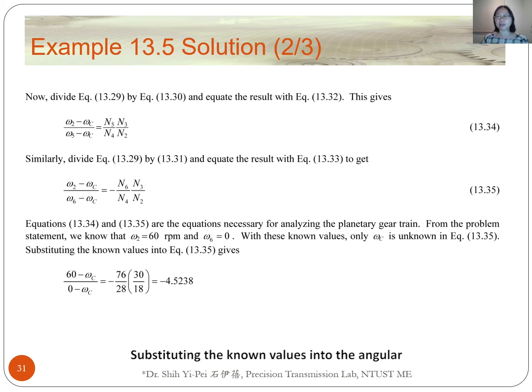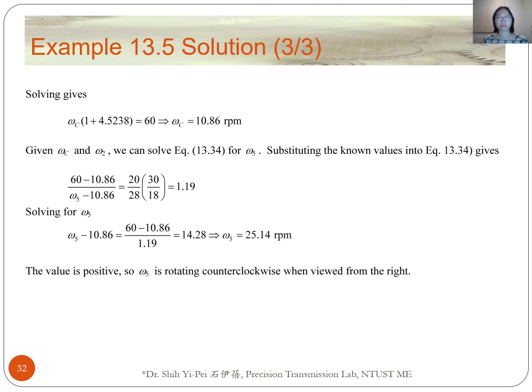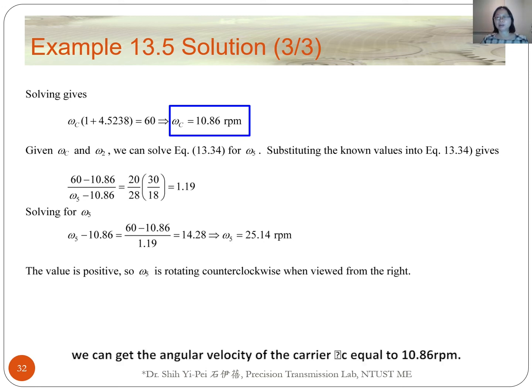Substituting the known values into the angular velocity ratio equation 13.35, we can get the ratio equal to minus 4.5238. From the equation, we can get the angular velocity of the carrier, omega c, equal to 10.86 rpm.